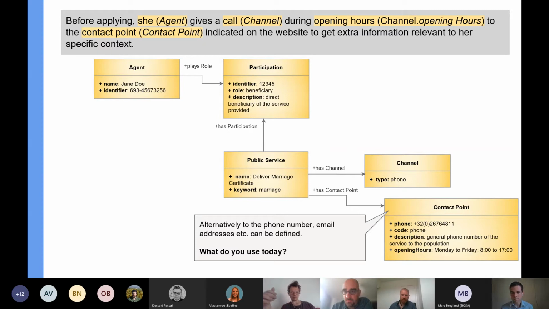We have to be aware of making something mandatory, because when you define a public service in the very beginning, when legislation is voted, you don't have a contact point at that point. We have to be aware of making it unreal to register something that isn't there at that point.